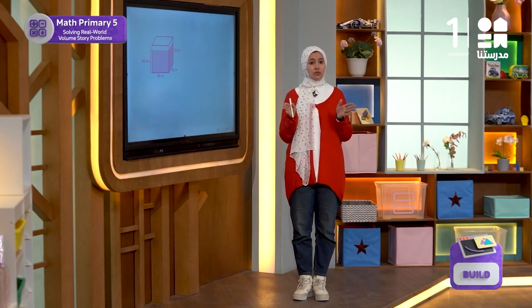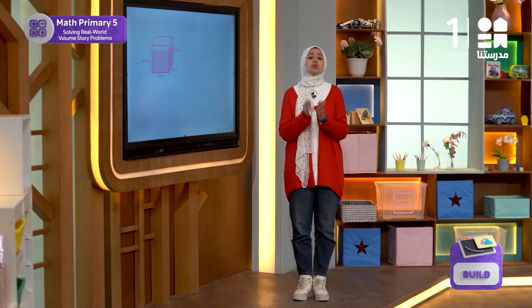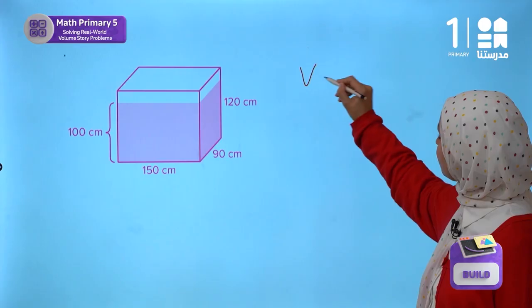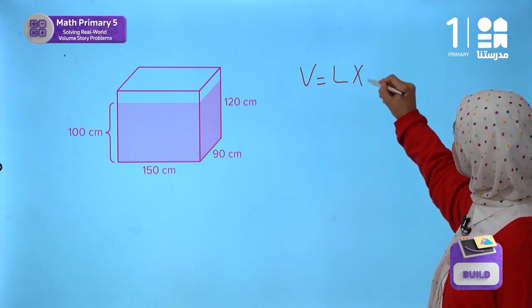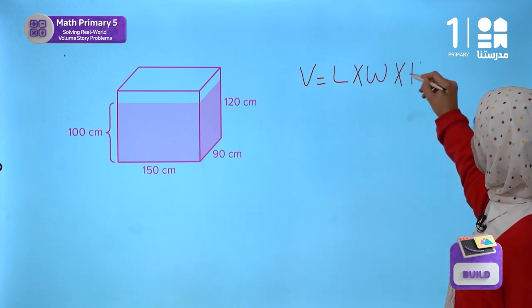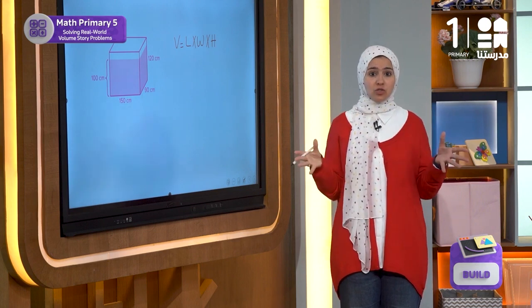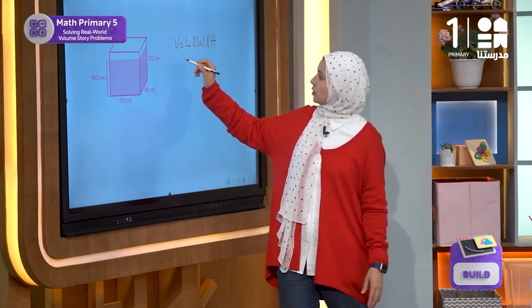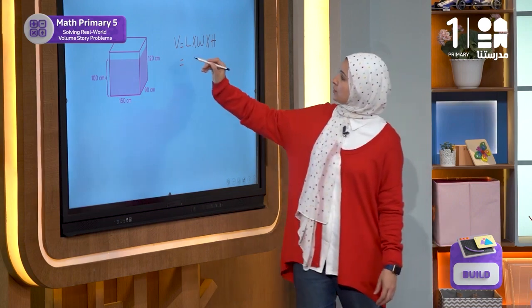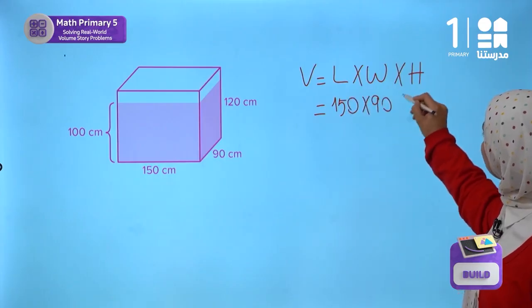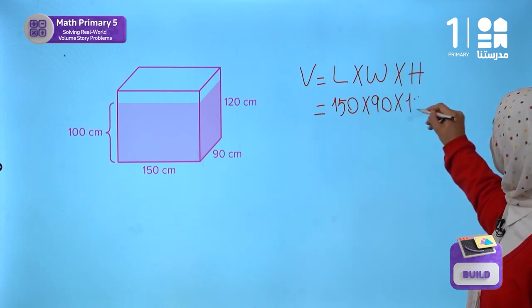We are asked to find the volume of the box. So we will use the volume formula, which is equal to what? Let's write it together. Length times width times height. So we're going to multiply the dimensions together, which are what? Let's write. We have 150 times 90 times 120.